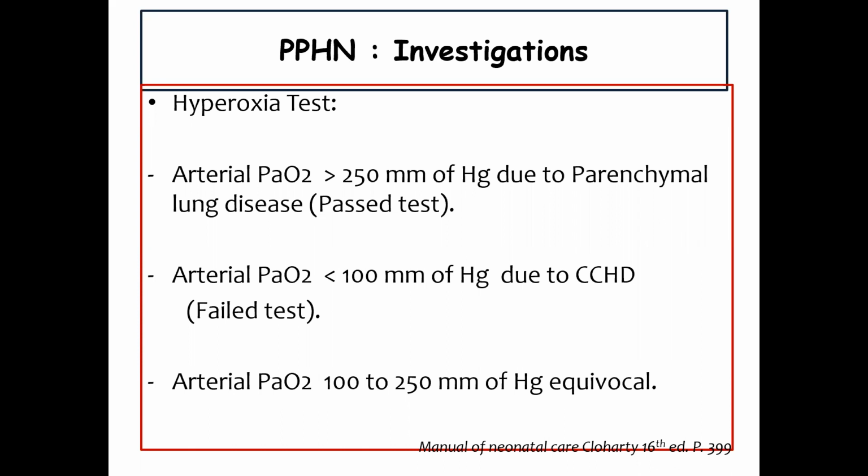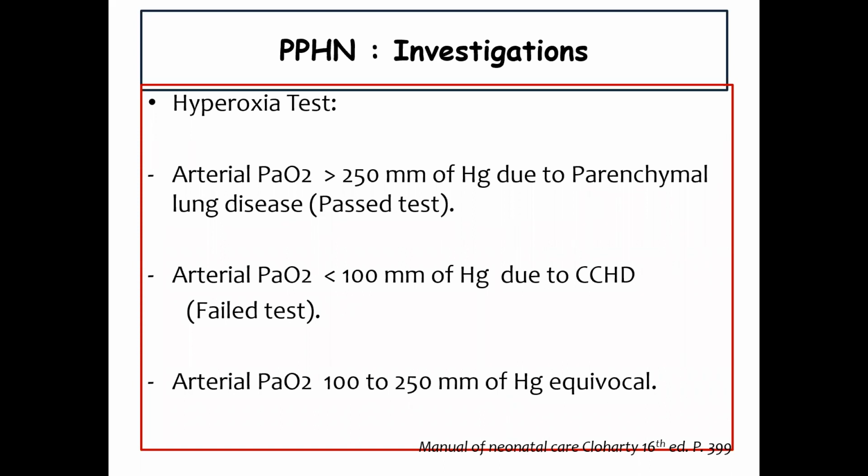So 2 arterial PaO2 readings are taken, one before performing the test and one after giving 100% oxygen for at least 15 minutes. If the arterial PaO2 has increased to well above 250 millimeters of mercury post this test, this is generally suggestive of a parenchymal lung disease, and the baby is said to have passed the hyperoxia test.